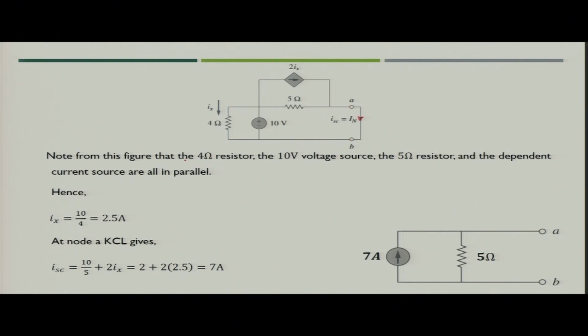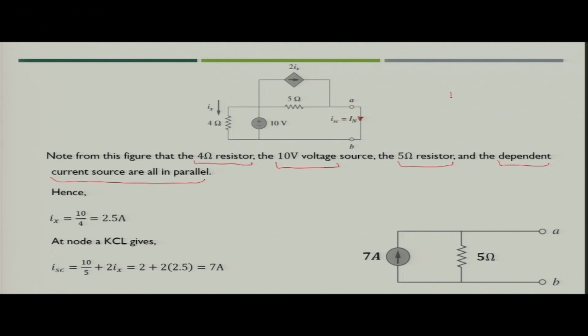Now, if you see the figure, that 4 ohm resistor is in parallel with 10 volt voltage source, and 4 ohm resistor is also parallel with dependent current source. So, that means if you see this particular segment A and B is short circuited.